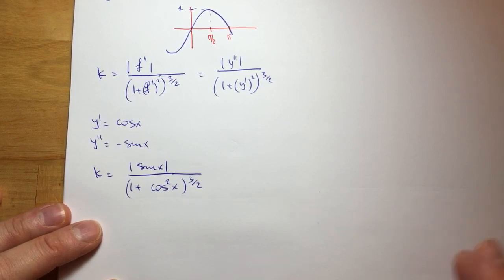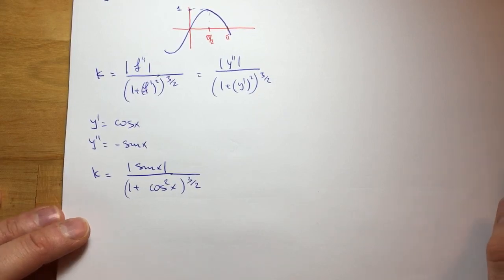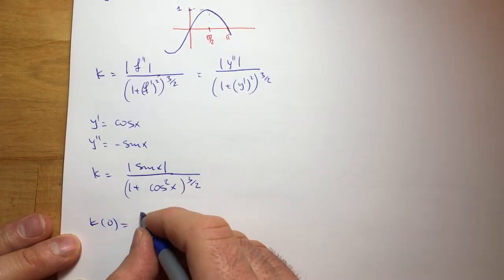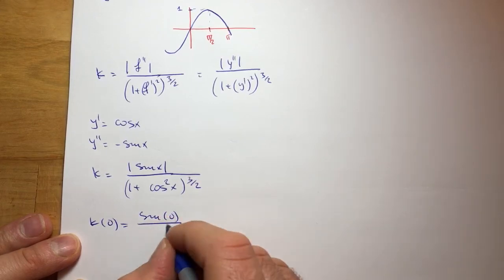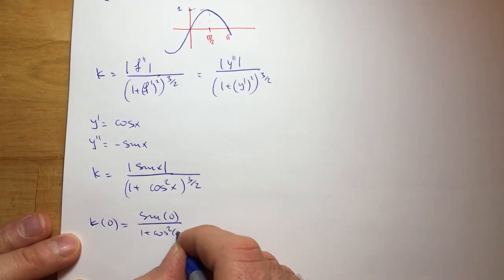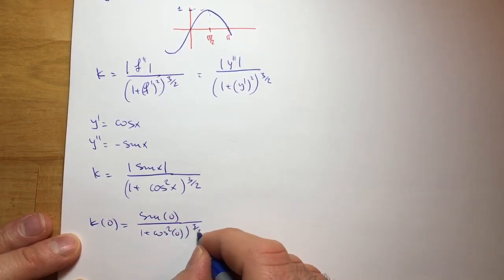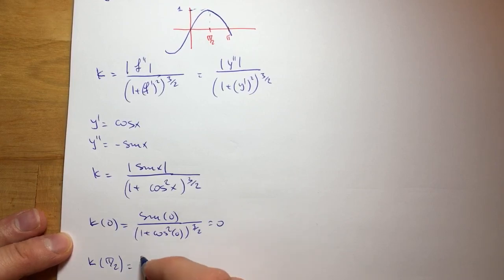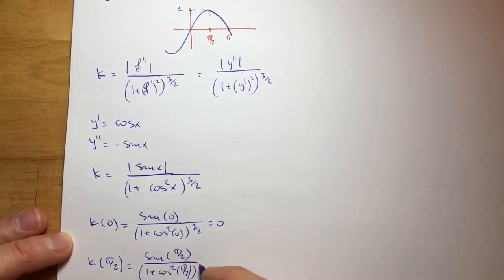Okay, and now we have to evaluate this at 0 and pi over 2. So k of 0 is equal to sine of 0 is 0, and k of pi over 2 is equal to sine of pi over 2 over 1 plus cosine squared of pi over 2 to the power of 3 over 2, which is equal to 1.